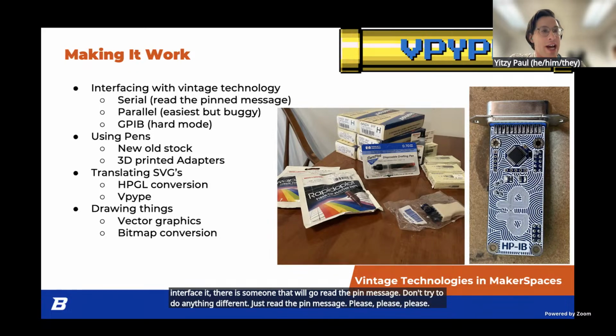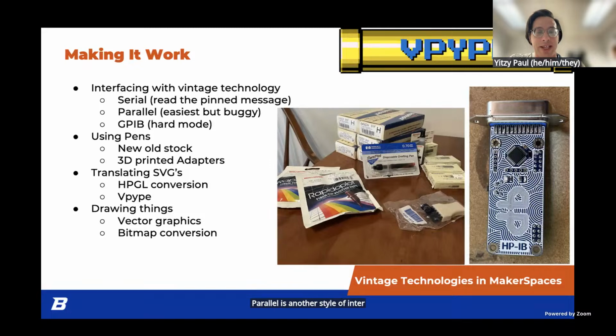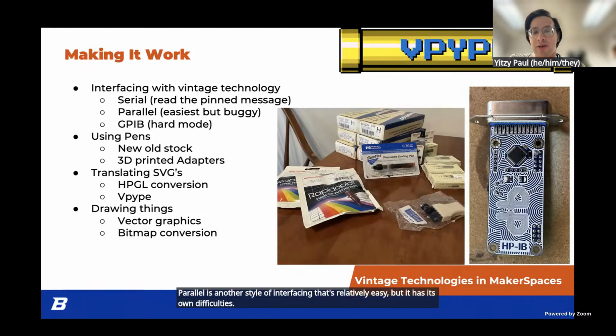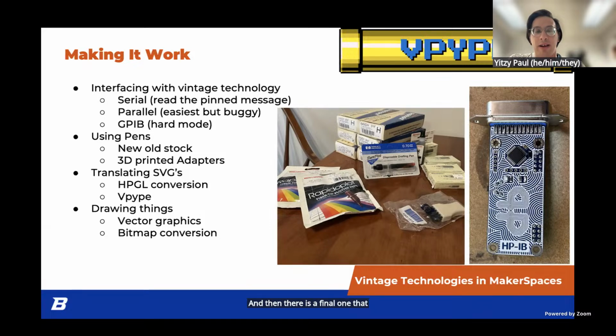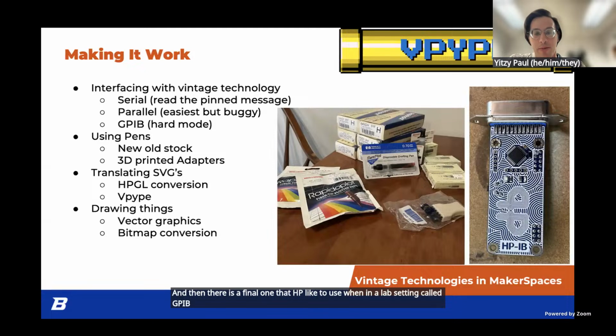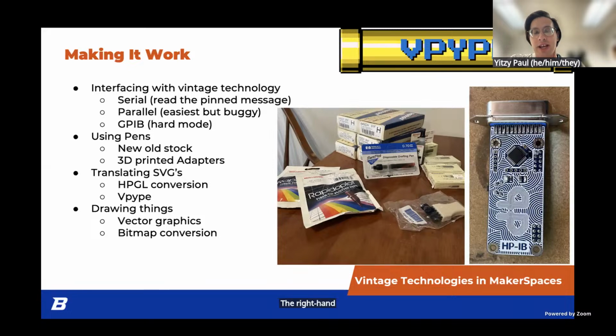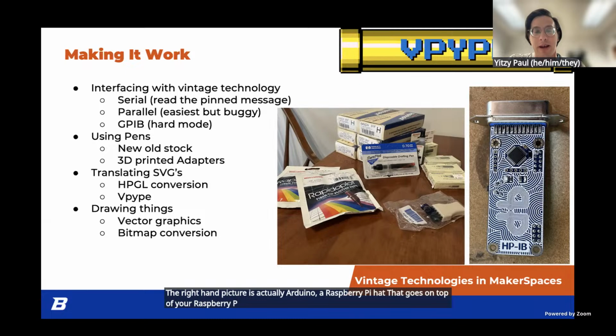Parallel is another style of interfacing that's relatively easy, but it has its own difficulties. And then there is a final one that HP liked to use in a lab setting called GPIB. And we call that hard mode because it is extremely hard to interface with. The right-hand picture is actually an Arduino Raspberry Pi hat that goes on top of your Raspberry Pi in order to interface with GPIB plotters.